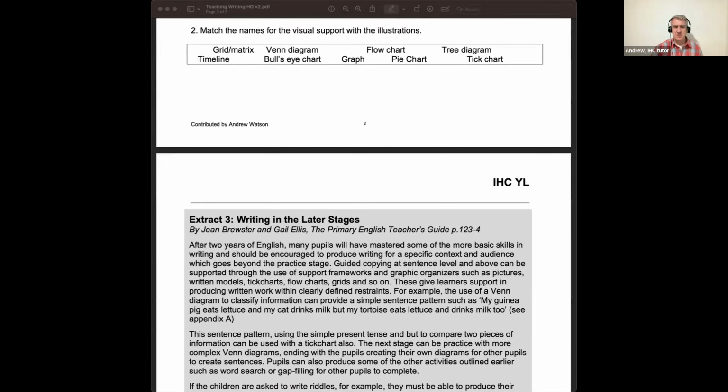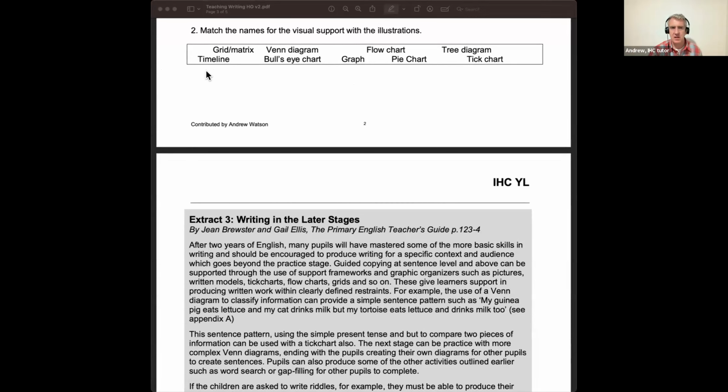I don't know if you noticed, but it doesn't actually say, does it, explicitly why they think it's important to provide support frameworks. But I think we can, from our understanding of educational theory, learning theory, infer their thinking.